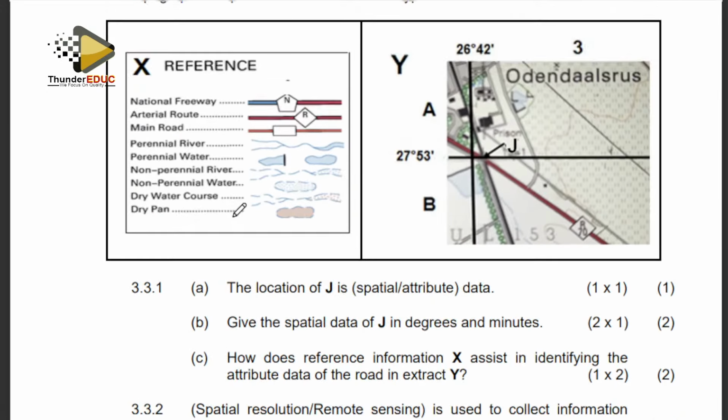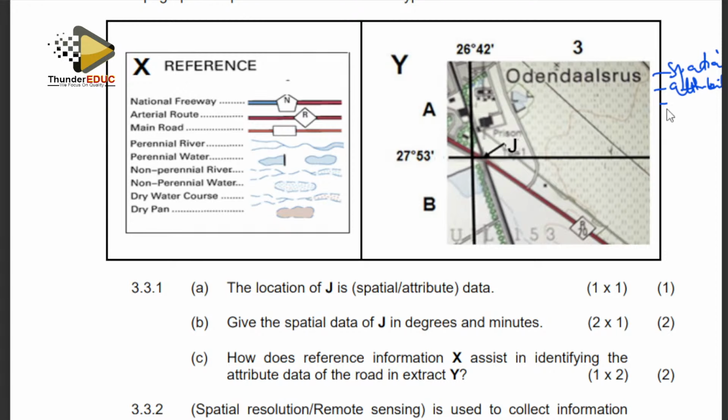The first question: the location of J is here. Is it spatial or attribute data? J is this line here, which is 27 degrees, 53 minutes. Remember the types of data: spatial data, attribute data, and raster data.